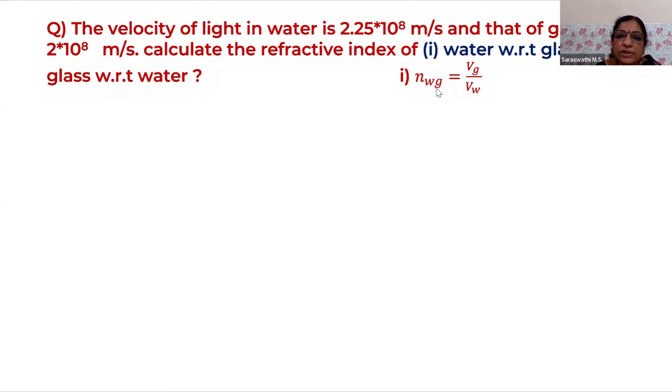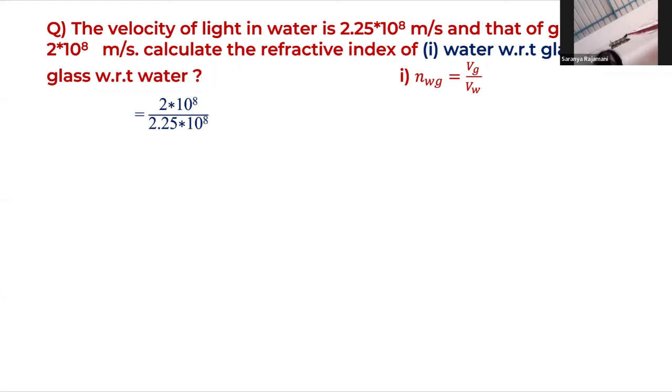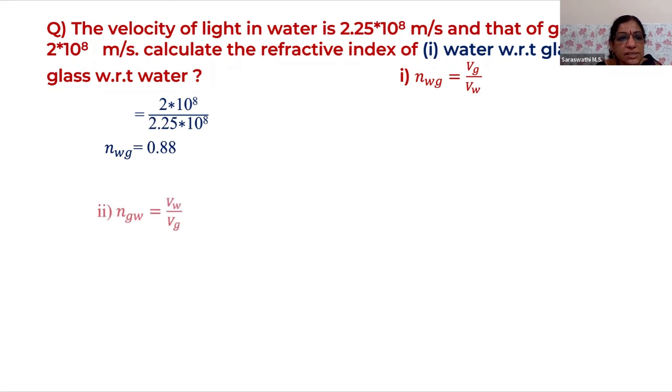So water with respect to glass means you're comparing the velocities here. So velocity of light in glass divided by velocity of light in water. So it will be 2 into 10 to the power 8 divided by 2.25 into 10 to the power 8, which will give you 0.88. Second case, it is glass with respect to water.